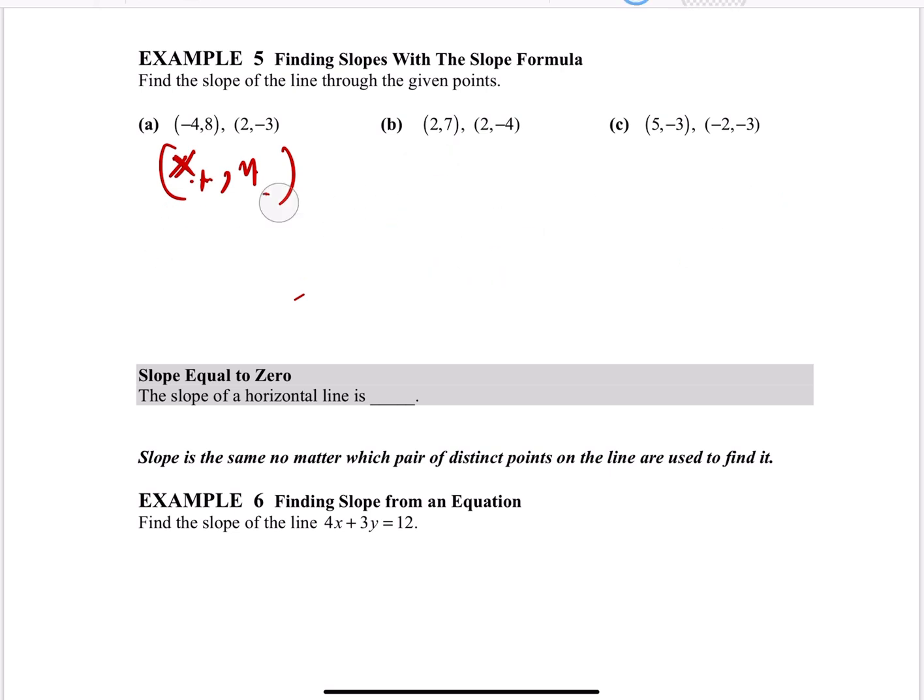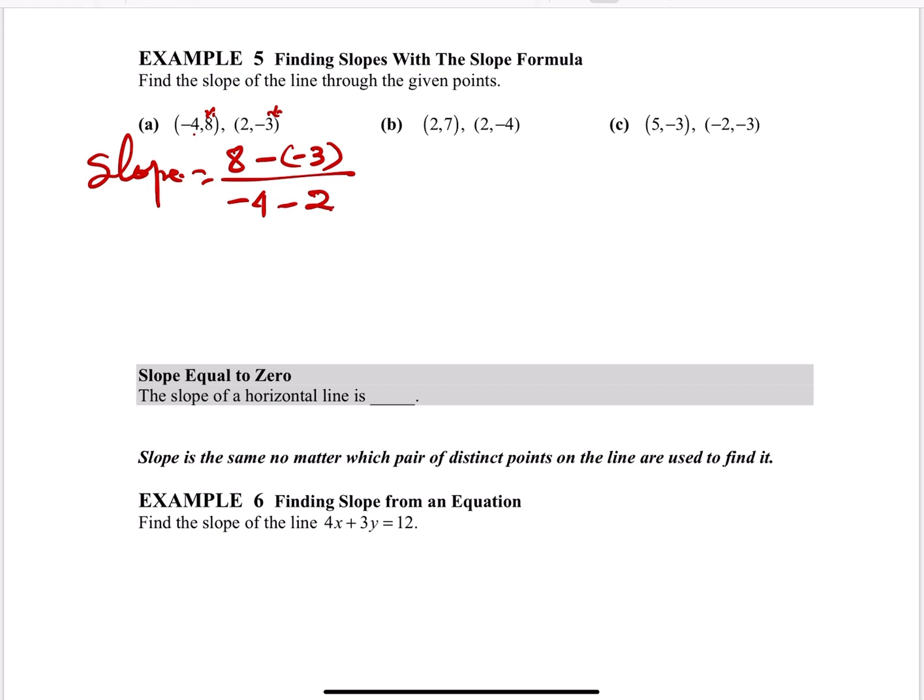Okay, let's move on here. So the slope for this one is 8 minus parenthesis -3. Be careful here. 8 and -3 first, divided by, since I start with this one, -4 minus 2.